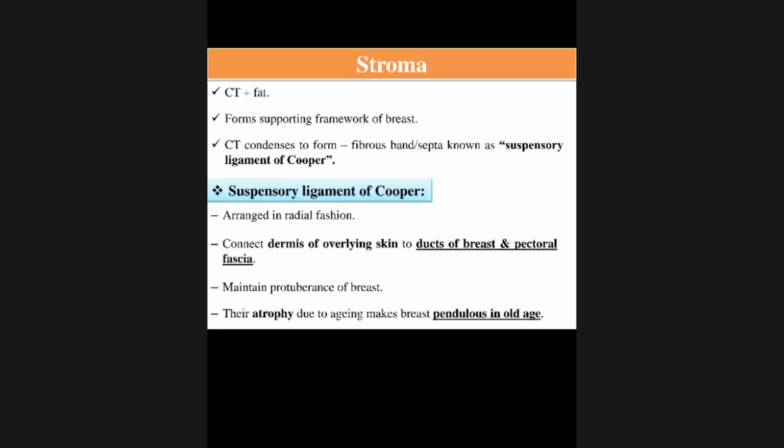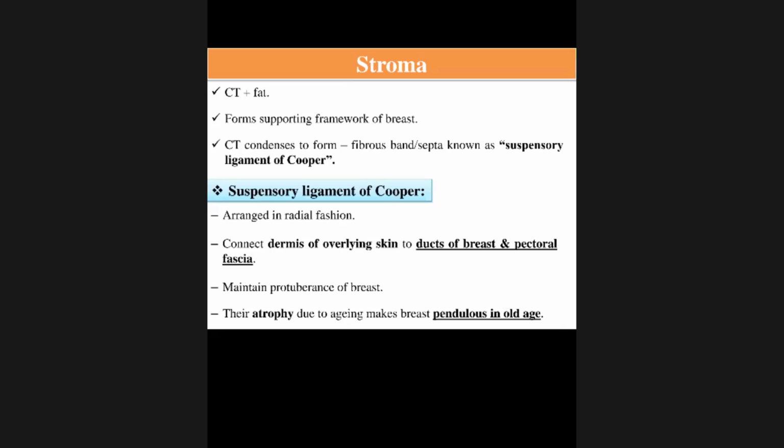In the young, the ligament of Cooper maintains the shape and size of the mammary gland. So the ligament of Cooper is very important for maintaining the shape and size of the breast.